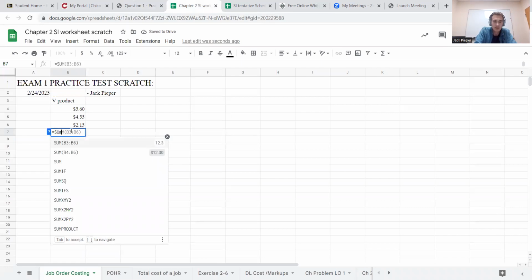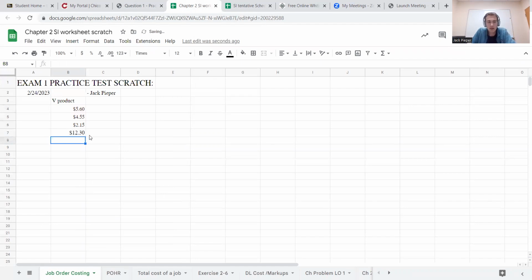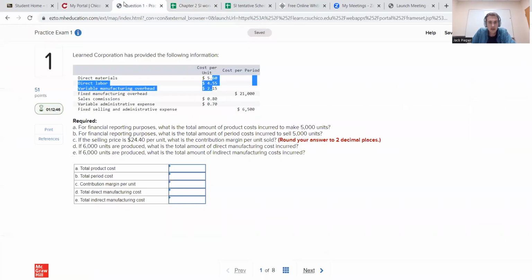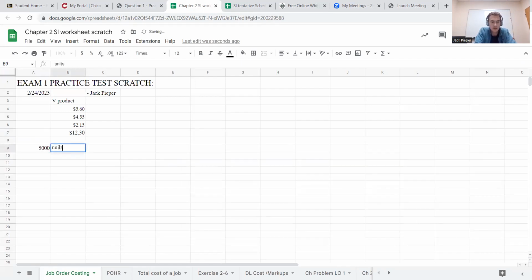So I can hit equals sum, and then 1, 2, 3, enter. So 12.30 times the amount of units, which is 5,000 units.